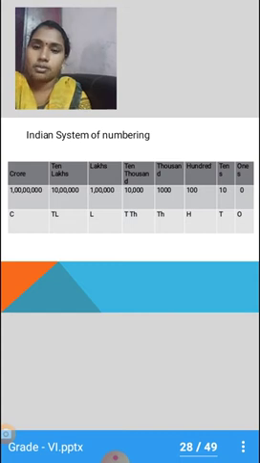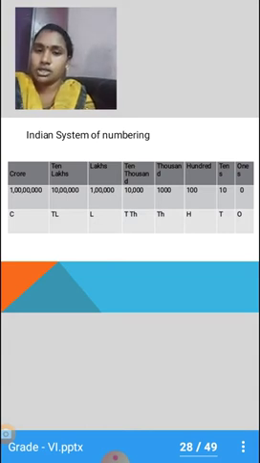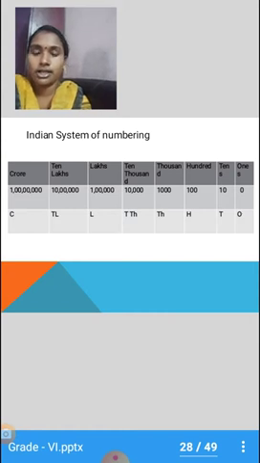What is a period? This is the time of termination, right? After ones, tens, hundreds we have a comma. So 1000 and 10,000, that is a thousands period. So after 1000 and 10,000 we do have a comma.